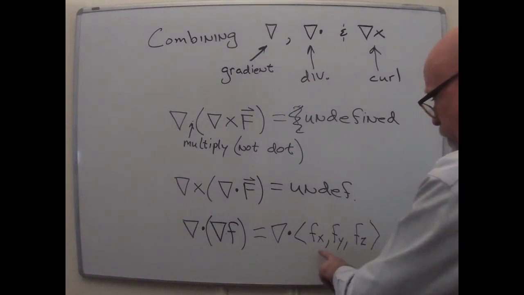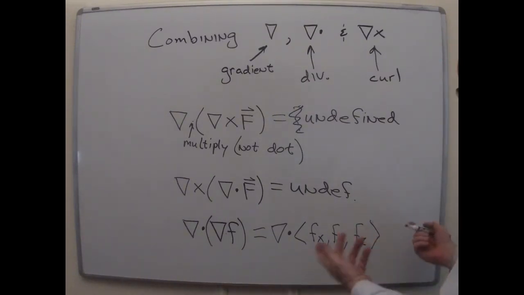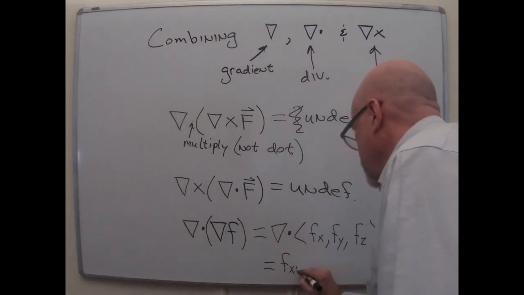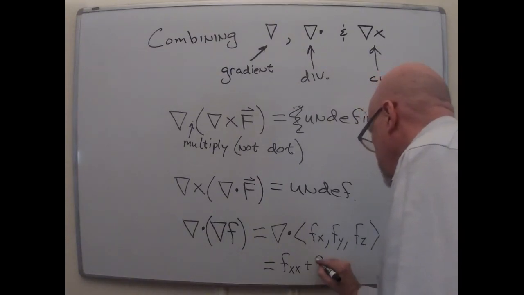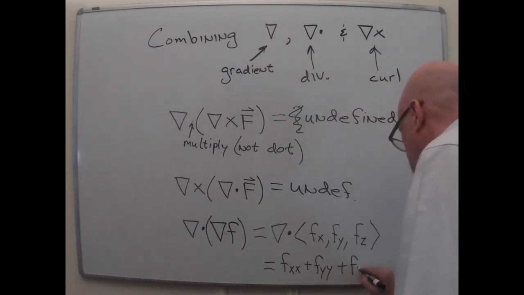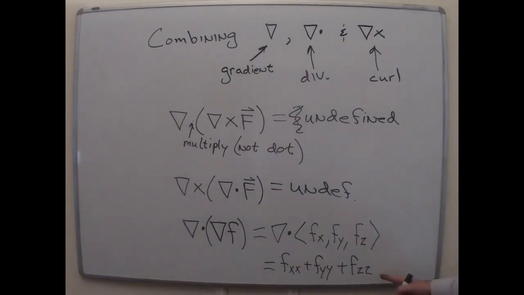It takes the x derivative of that one, the y derivative of that one, and the z derivative of that one, and it adds them all up. And that turns out to be a really important thing in physics.